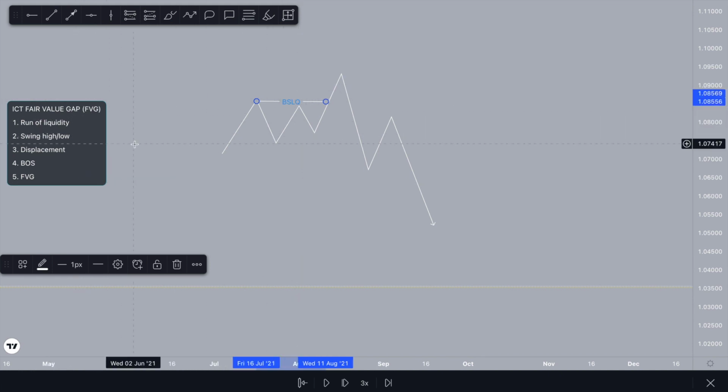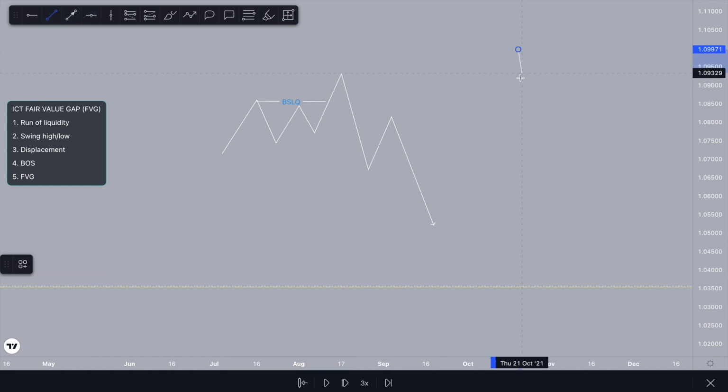Now we're gonna look for a swing high or swing low. Basically it's a three candle formation where, let me correct that, the low of the second candle is higher or lower than the first and the third candle. It looks like this.